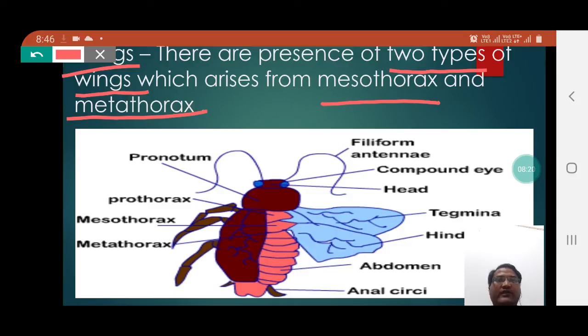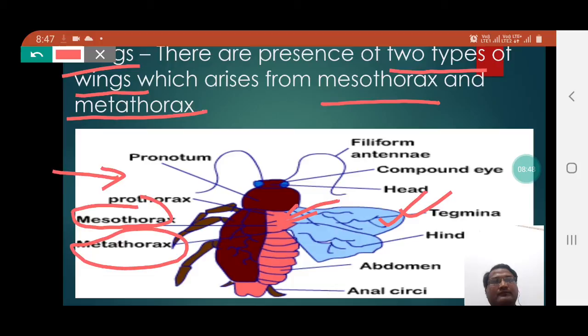Students, if we concentrate on this picture, we can easily notice that the prothorax, which is the first part of the thorax, does not have any origin of wings, but the mesothorax, which you can see here, has an origin of wing, and even the metathorax, which is just lying next to the mesothorax, also has a wing.